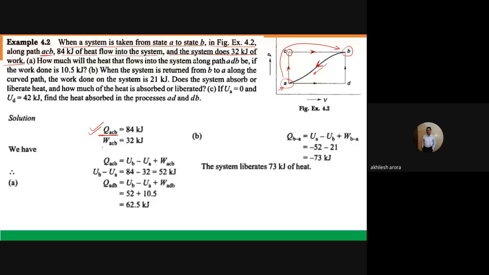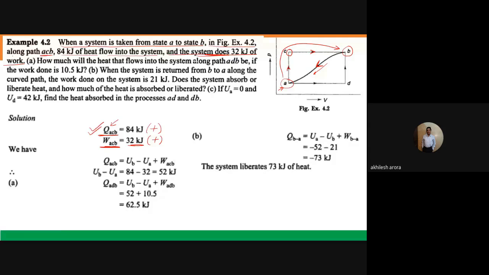So we have written here W_ACB is equal to 32, because it is the system which is doing the work. That is why it is taken as positive. This was the heat which is entering into the system, that is why it has been taken as positive.